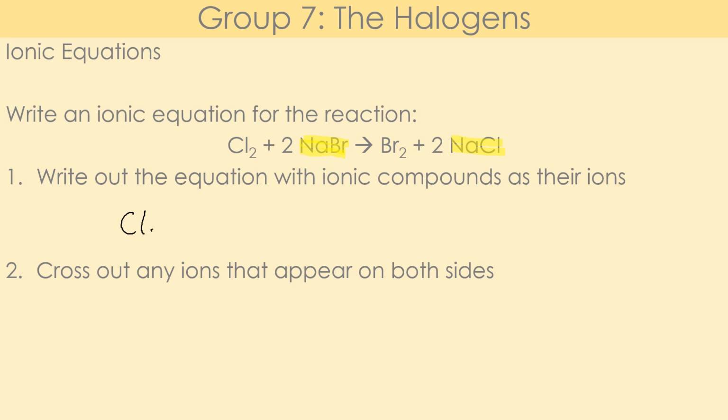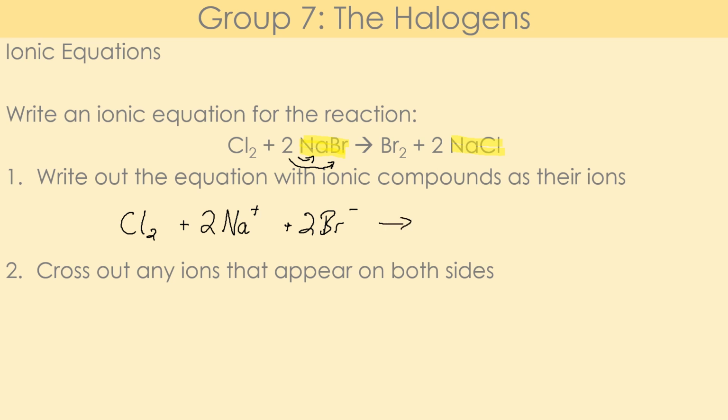So I've got Cl2 plus 2 Na+. Sodium is in group 1, so it forms an Na+ ion. And I've got 2, as that 2 still links to both of them, 2 Br- ions. It's in group 7, so it forms a -1 ion.